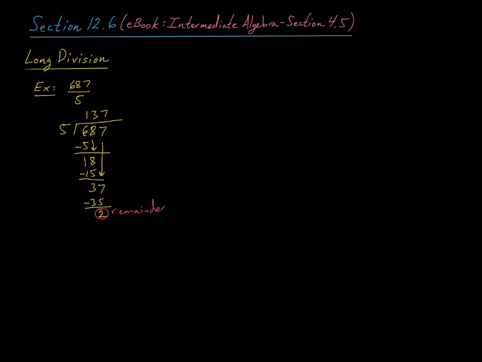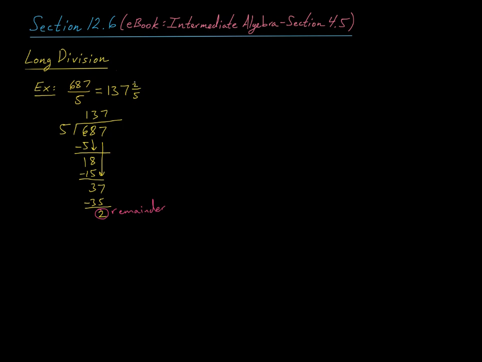We can write the result of this division as follows. We have 137, and then we have this remainder portion, which we can write as just 2/5. So we're saying that 5 goes into 687, 137 whole times with a remainder of 2.